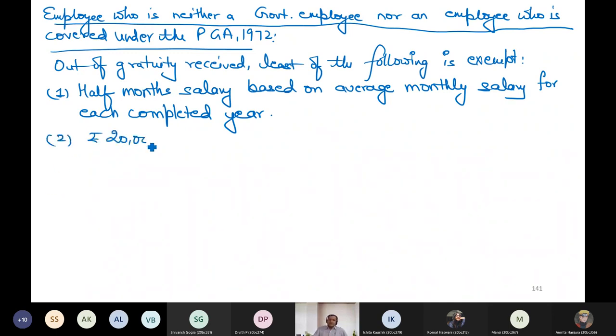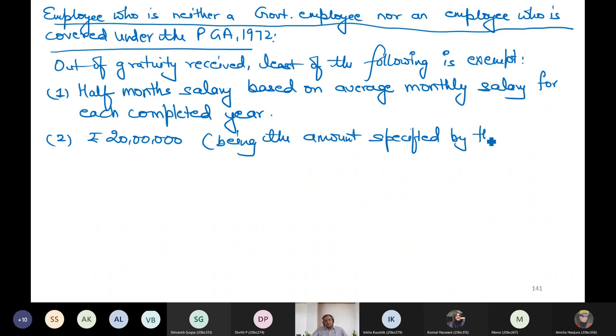Here also maximum limit 20 lakh being the amount specified by the government. And third, gratuity actually received.